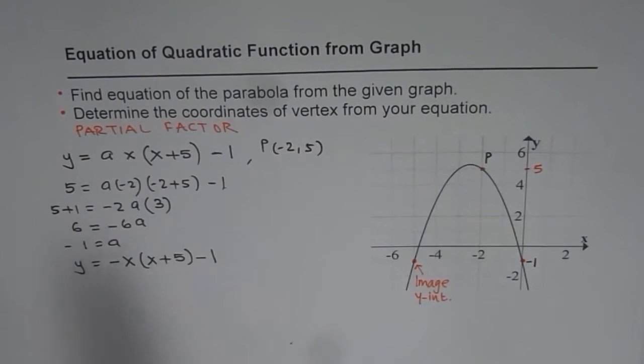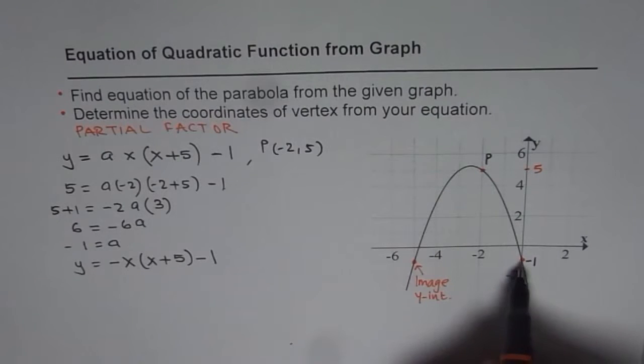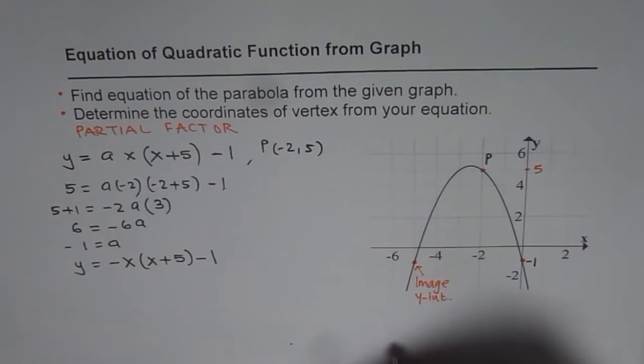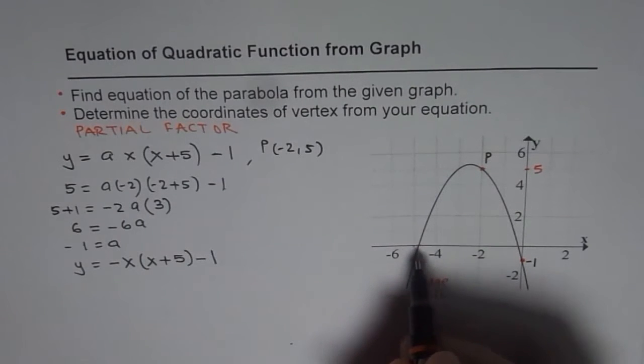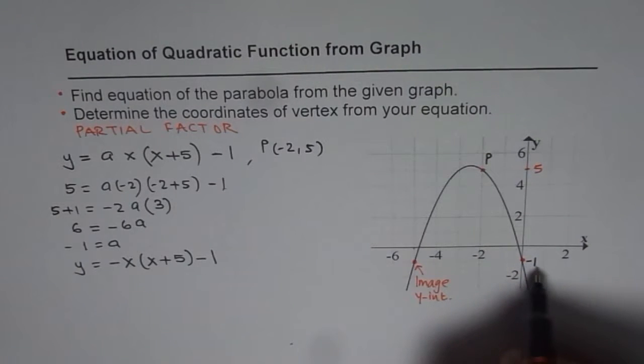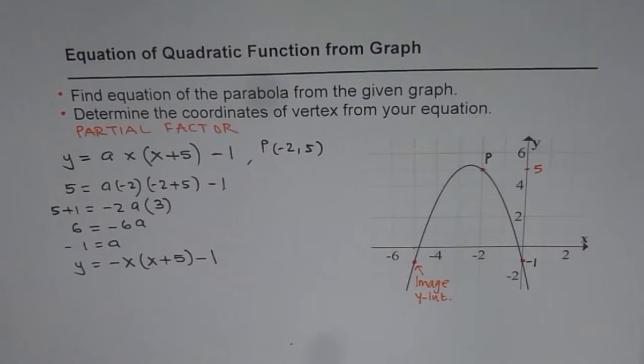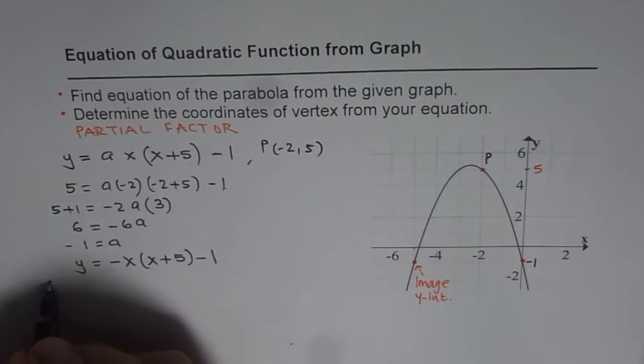Part 2 is kind of interesting. You will notice that we have two symmetric points, and midway between them should be the axis. So what is the point midway between these 2 points? That is what we have to figure out. So we find the axis of symmetry.